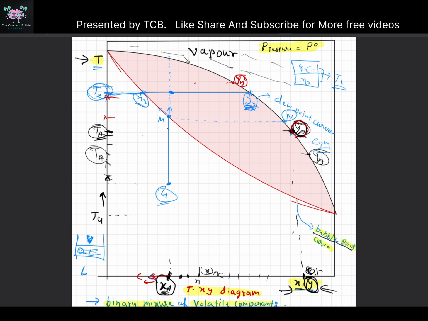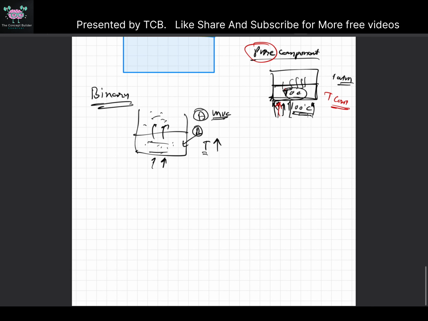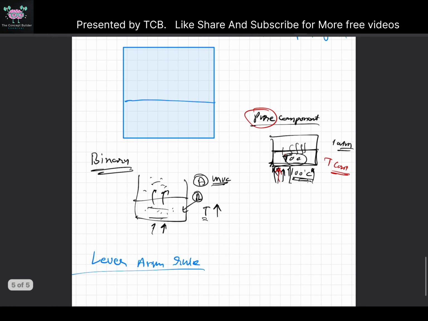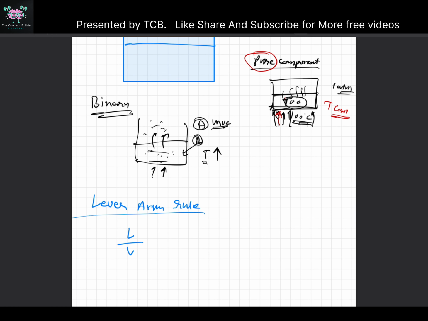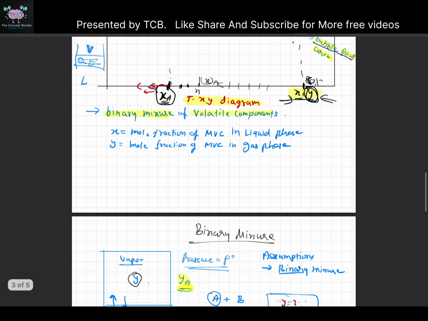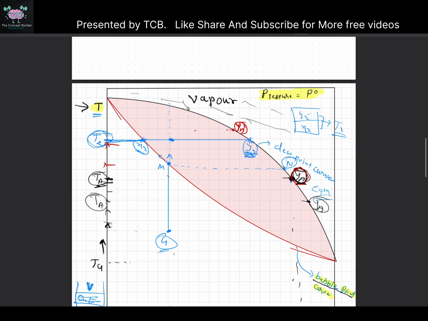Okay, so what is the amount of liquid and what is the amount of vapor, the actual amount? There is one rule which is called the lever arm rule. It says that this liquid by vapor amount is proportional to the length of this line.